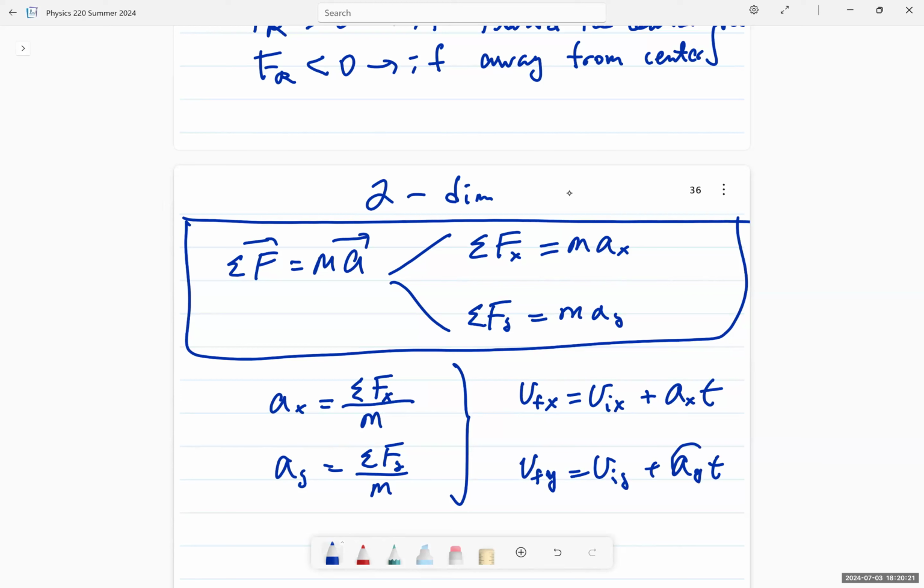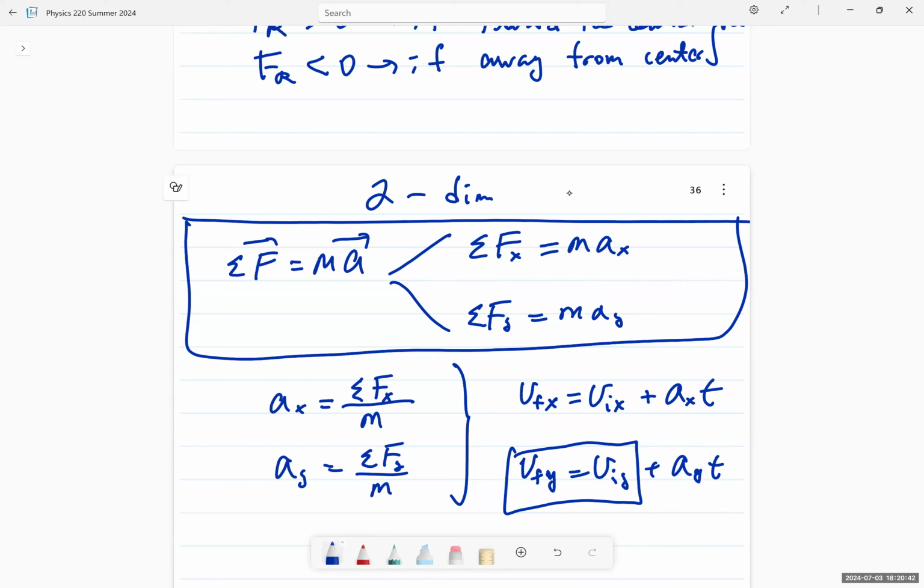If this is non-zero, then you have a change in velocity in that direction. If this is zero, you have no change in motion in that direction. That means if you have a x but not a y, then you only change your motion in the x direction, but not in the y direction. So you have to be careful about that.